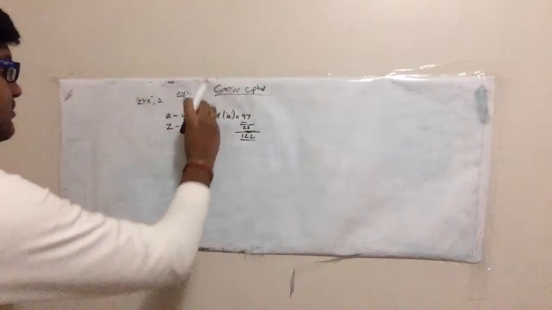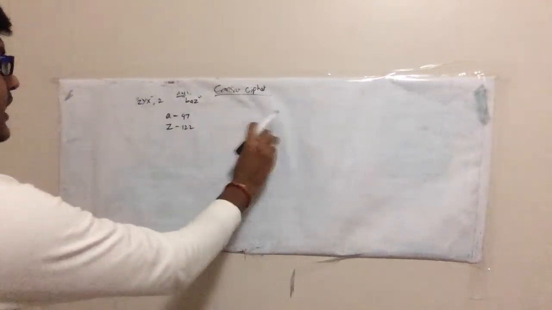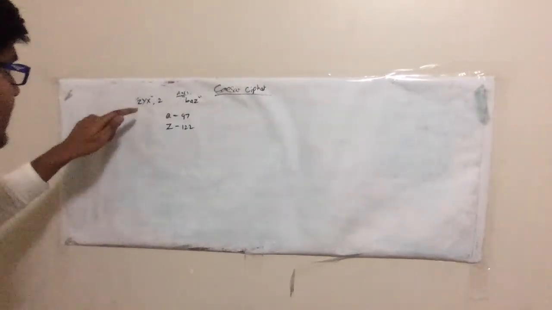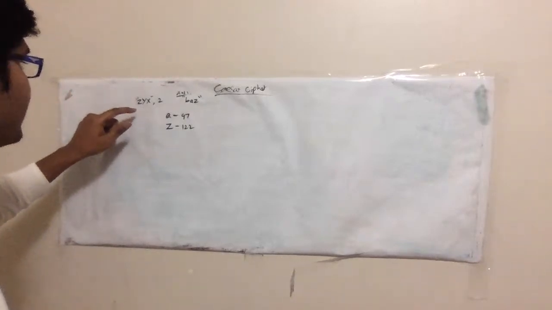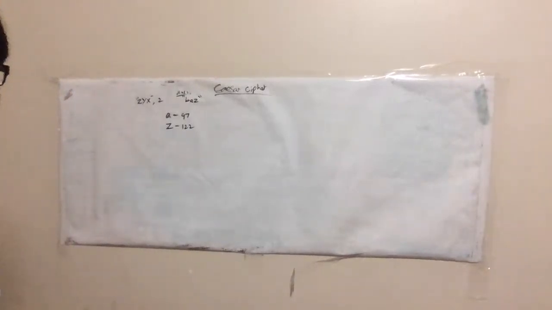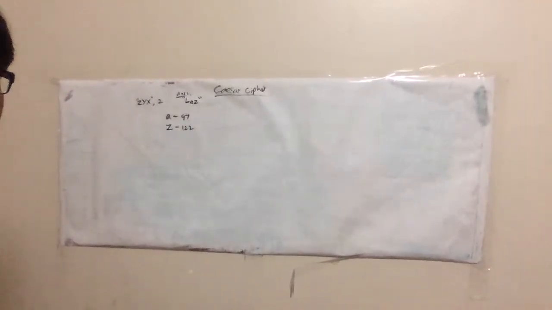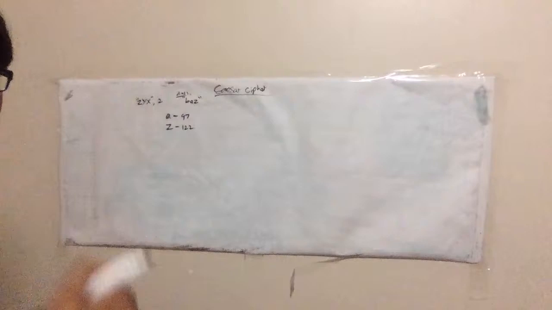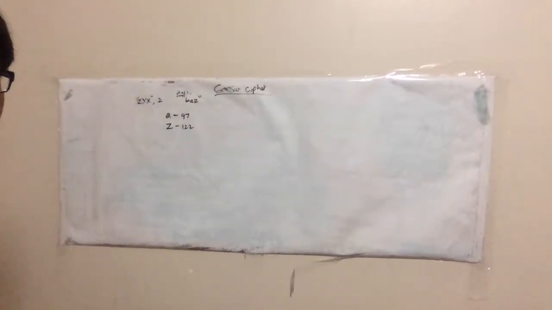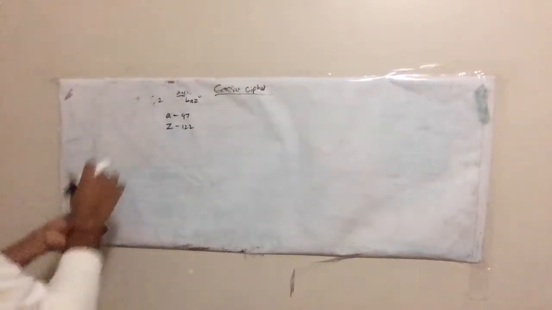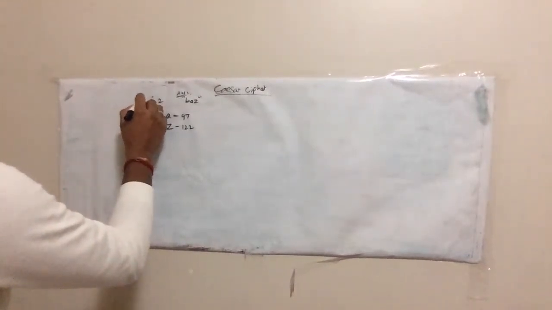So these are small a and small z, and the problem states that only lowercase letters will be given.